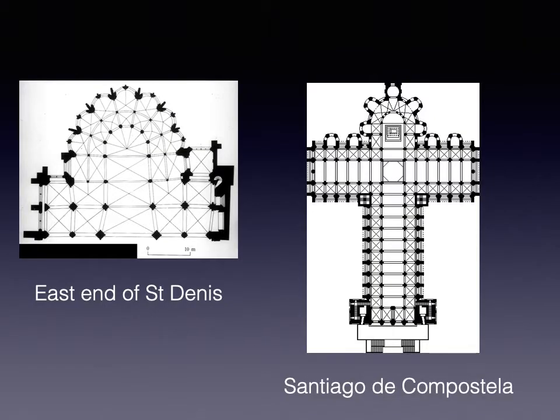We see the differences between that and Santiago de Compostela, which is such as is the Saint-Denis of Gothic. The Santiago de Compostela is a pretty pure example of Romanesque architecture in comparison.